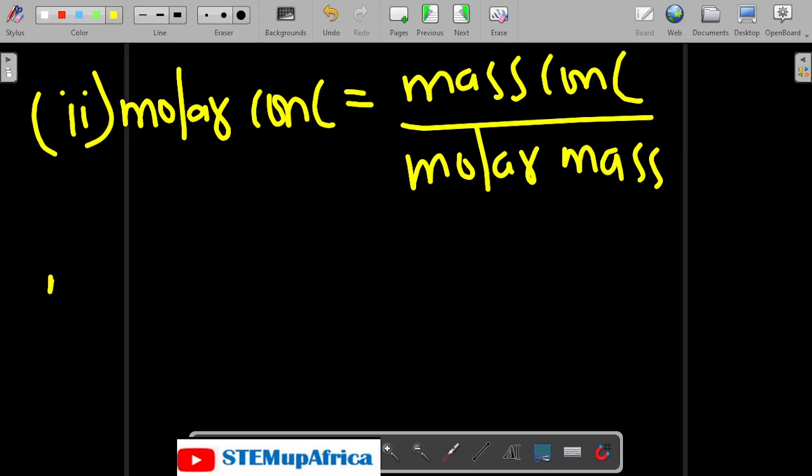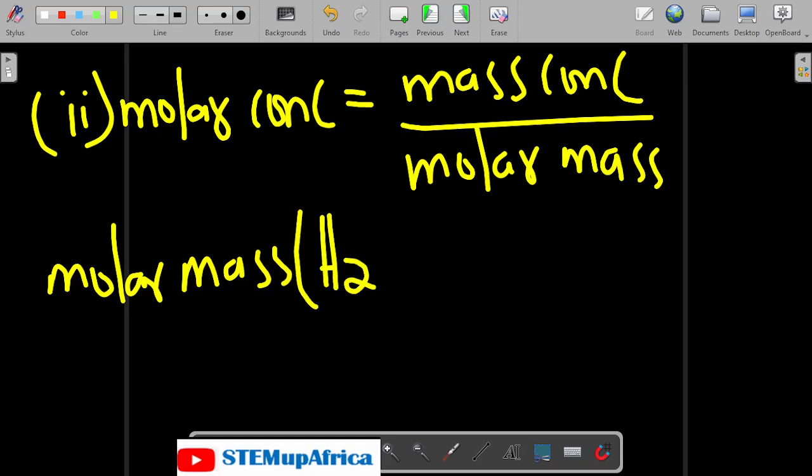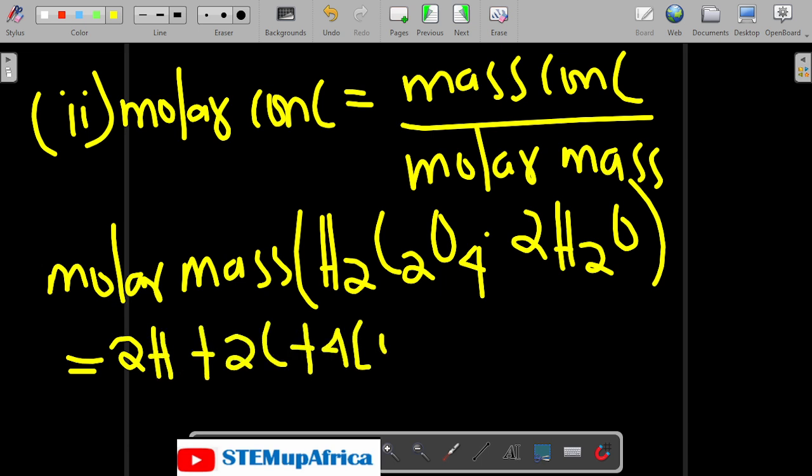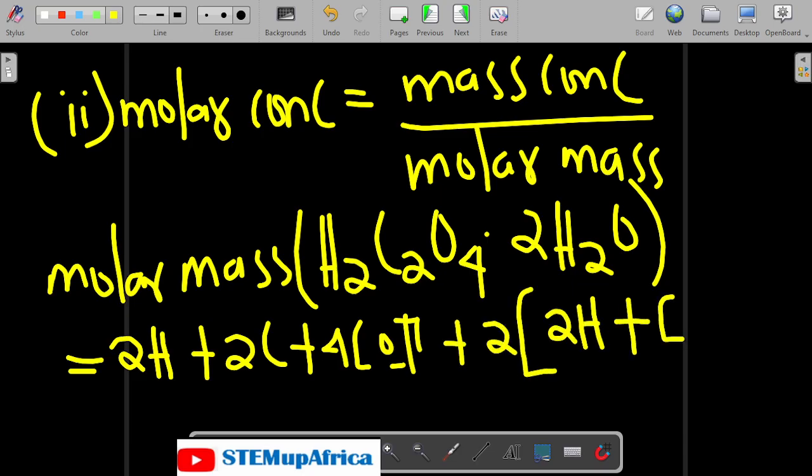The molar mass of the acid, which is H2C2O4.2H2O. How do you get the molar mass? The sum of the individual atoms. I'm having 2H plus 2C plus 4O plus 2 times (2H plus O).